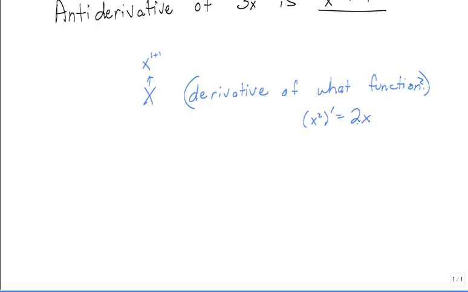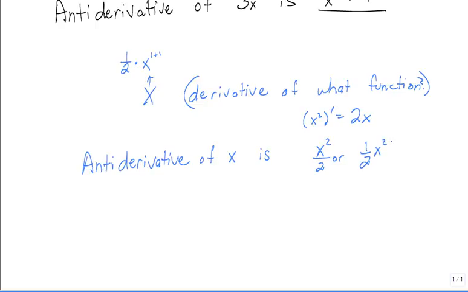So I have to get rid of that 2 by multiplying by a half. So the antiderivative of x is x squared over 2, or 1/2 x squared, same thing, plus a constant, and here I have to add on the constant.